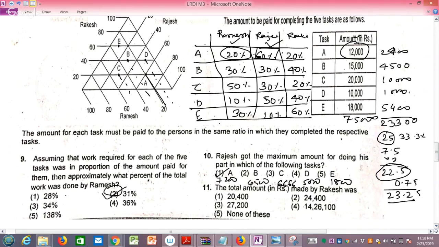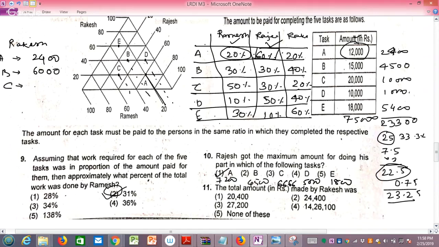द टोटल अमाउंट इन रुपीज मेड बाय राकेश वाज, तो राकेश का देख लो. राकेश इज गेटिंग 20% ऑफ 20,000. तो यहाँ पे लिख देता हूँ मैं राकेश का. राकेश का अगर A के लिए इज गेटिंग 2,400, B के लिए इज गेटिंग 40% बन रहा, तो 6,000.